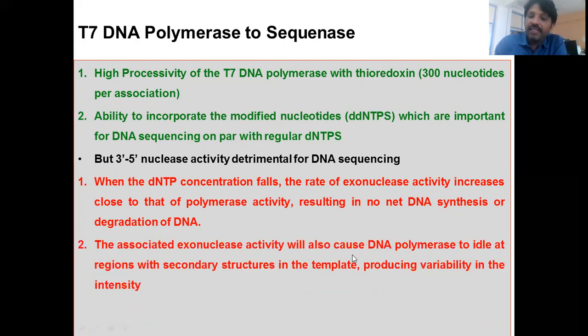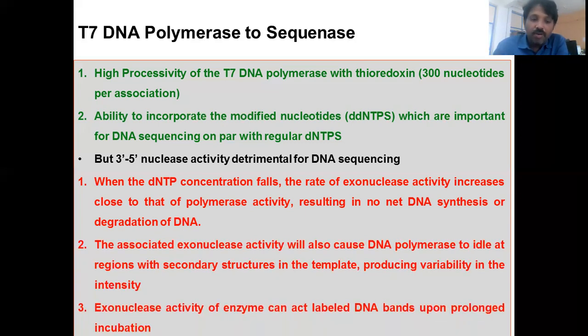The second problem: the associated nuclease activity also causes the DNA polymerase to idle at a secondary structure. Whenever single-strand DNA forms a secondary structure, because of the 3' to 5' exonuclease activity, the polymerase also becomes idle whenever it faces the secondary structure of DNA.